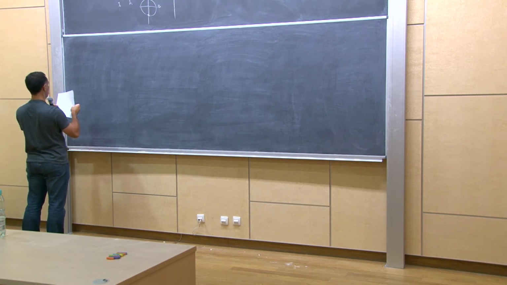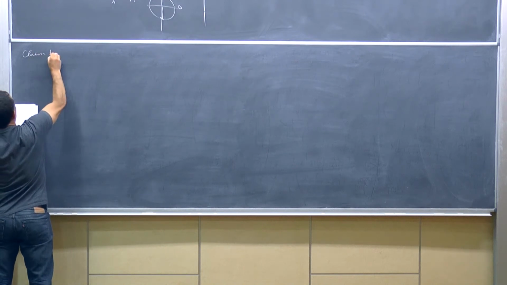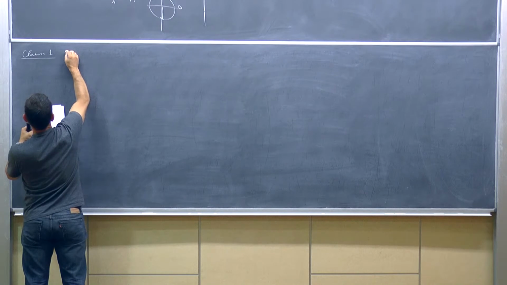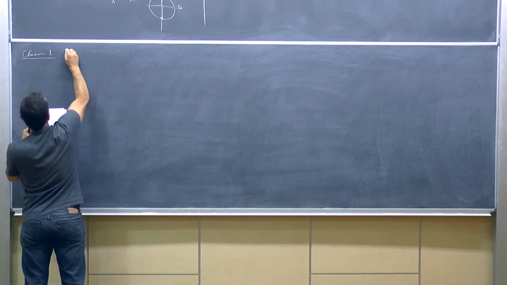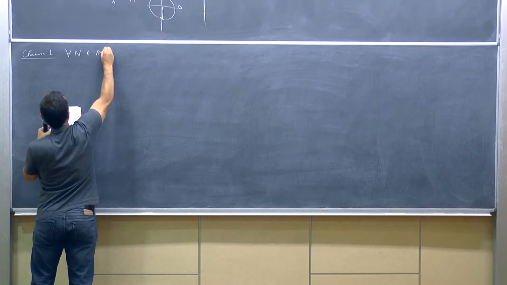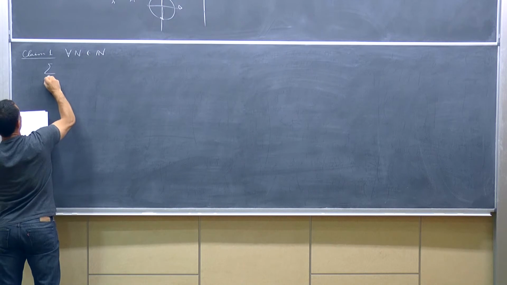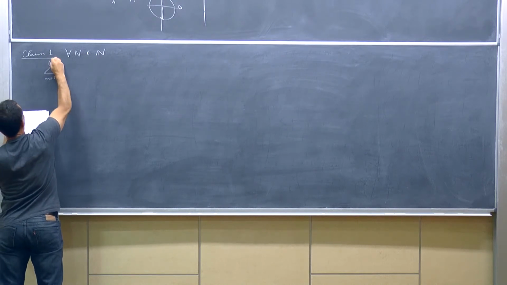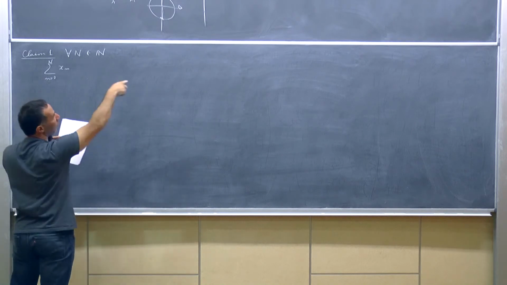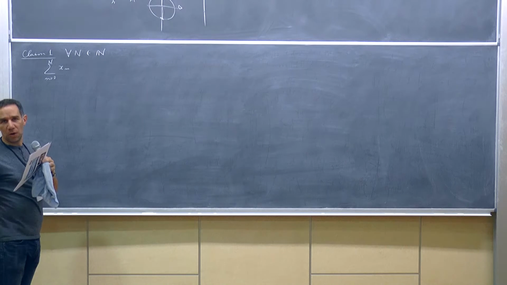So the first claim, claim 1, is that for all N, I have that if I look at the sum from n equals 0 to capital N of these x_n, remember, I'm now assuming that all the x_n are real.